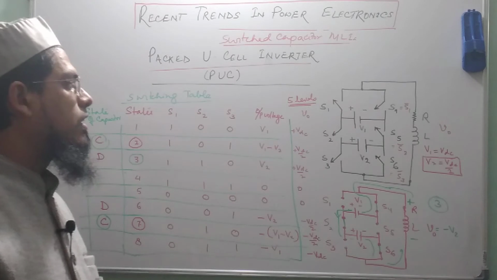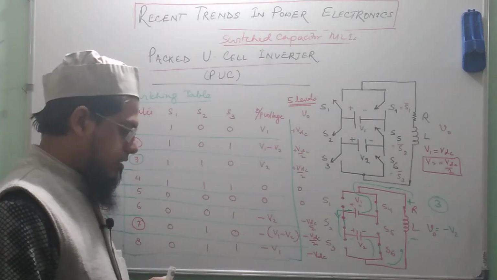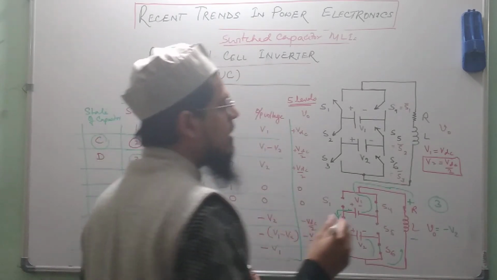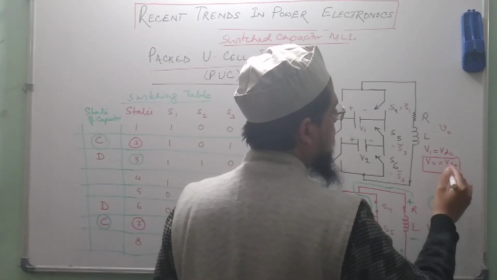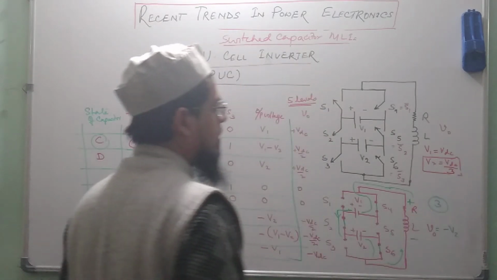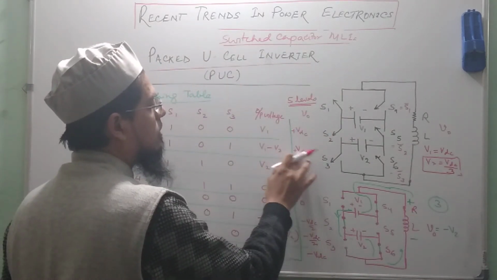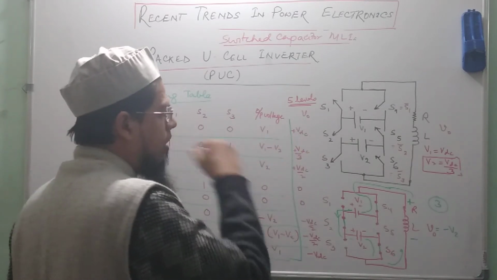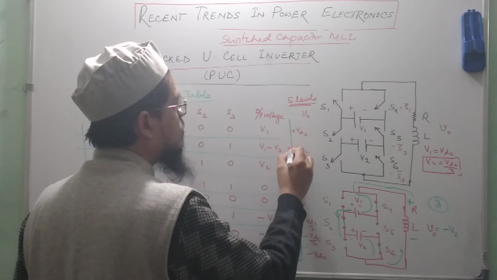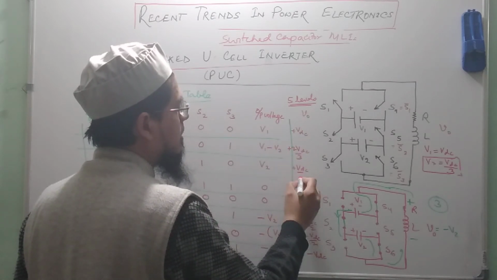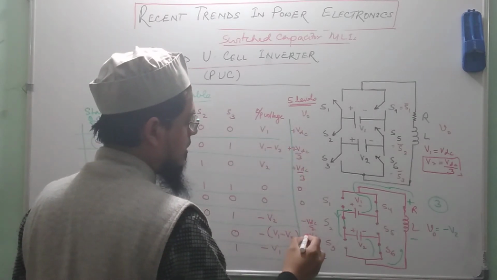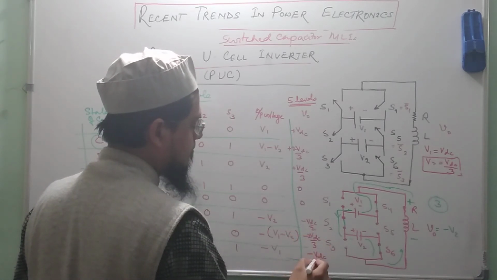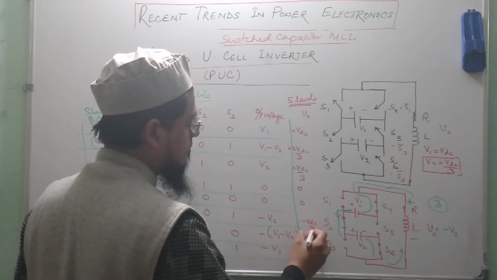But say we want to enhance the voltage levels. So if we take this V2 as VDC by 3, okay, then what will happen? So here the voltage levels now become VDC by 3, and sorry, it is plus 2 VDC by 3 and this is VDC by 3, then here also minus 2 VDC by 3 and this is VDC, and here it is VDC by 3.